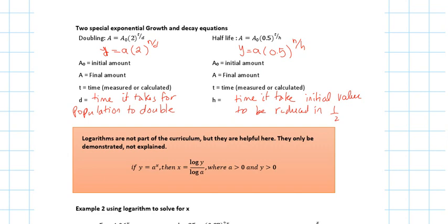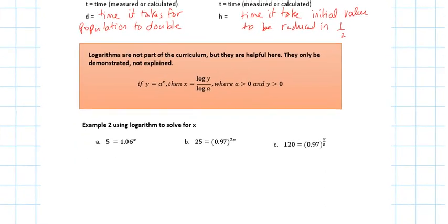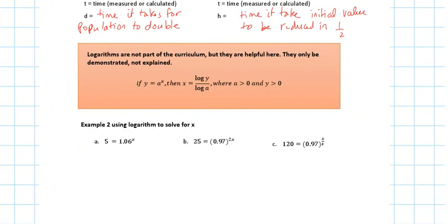All right. So as I said earlier, whenever you're solving for the exponent, you can use what we call the logarithm formula. If you look on your calculator, there is a button that says LOG.